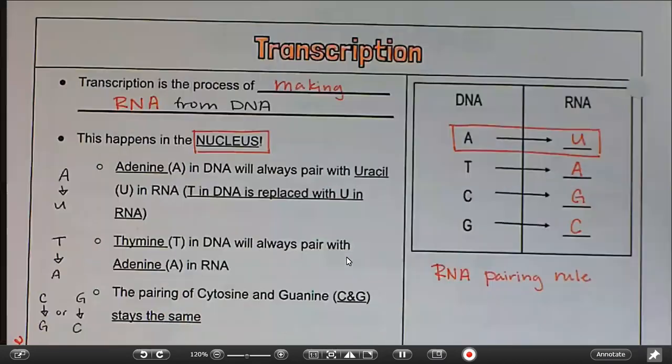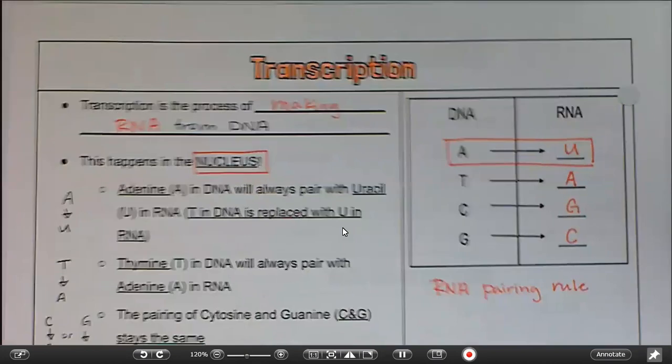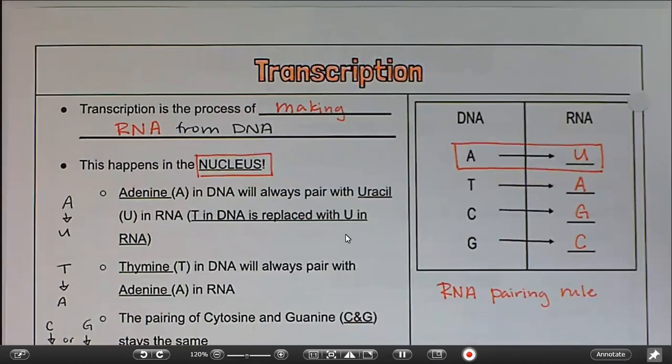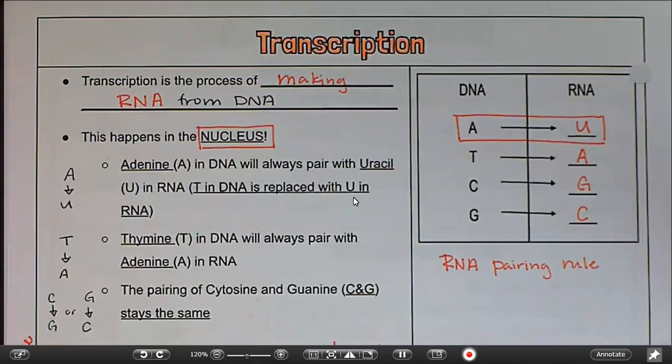The first step of going from DNA to protein is actually building our RNA molecule, and we do that in transcription. So transcription is the making of RNA from DNA. This is going to happen in the nucleus because DNA can't leave the nucleus.